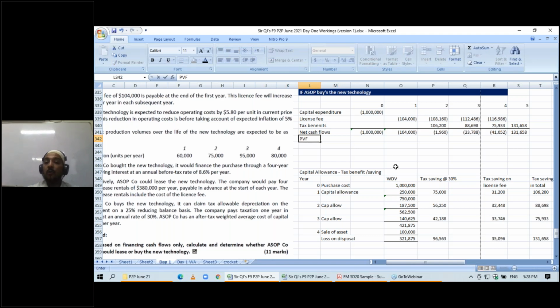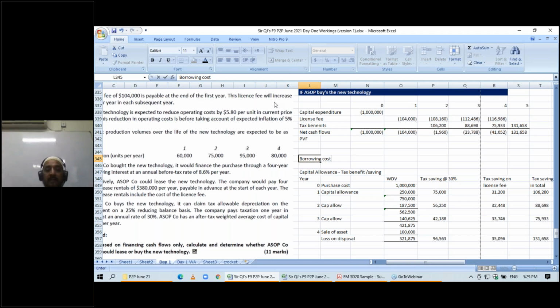Now, what present value fraction will be used? Remember that in the question, they have given you the borrowing cost. Borrowing cost means the cost of obtaining the loans. Let me highlight first the rate.